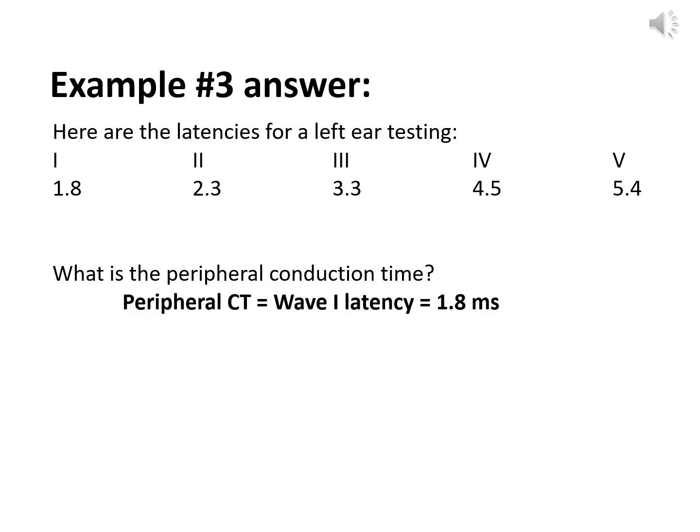This is a bit of a trick question, because peripheral conduction time is simply the time it takes for the waveform to travel through the periphery. Wave 1 is the first entry to the 8th nerve, so everything prior to wave 1 is peripheral. The answer is the latency of wave 1, which is 1.8 milliseconds.